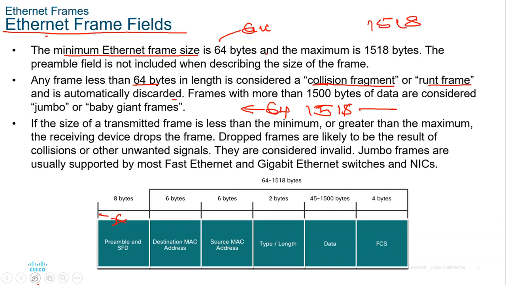So if the size of the transmitted frame is less than the minimum or greater than the maximum, then the frame does not meet the size requirement. Dropped frames are likely to be a result of collisions or other unwanted signals. They can be considered invalid. Jumbo frames are usually supported by most switches, when the frame is greater.